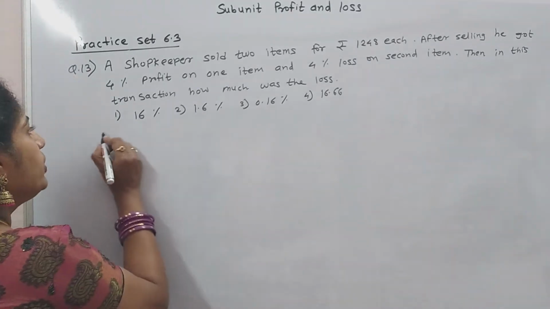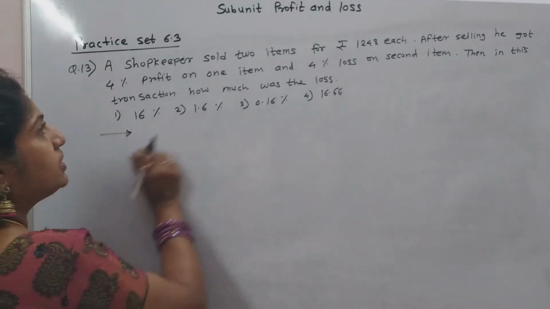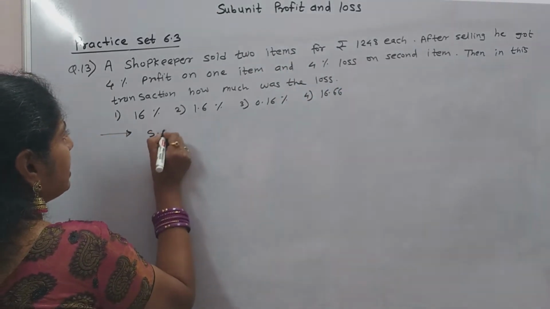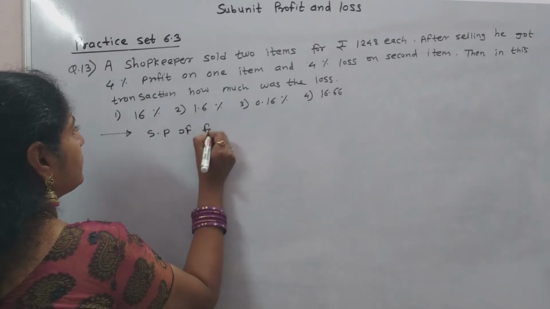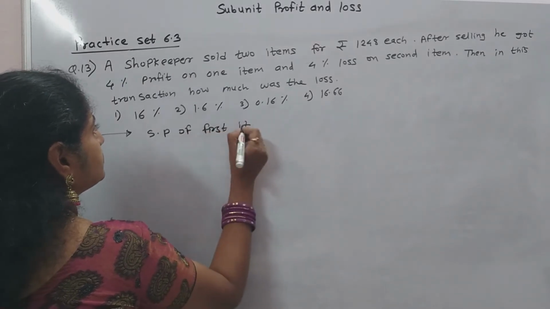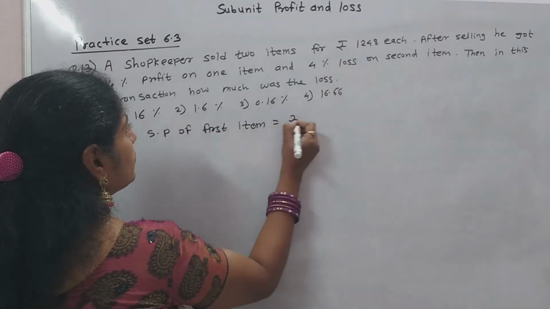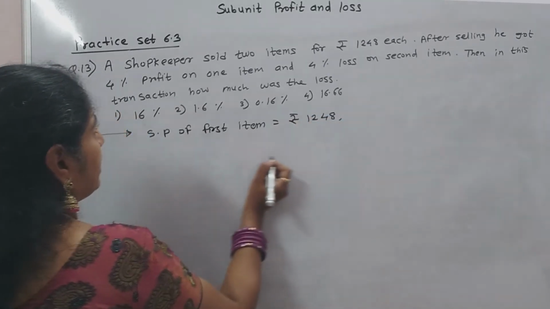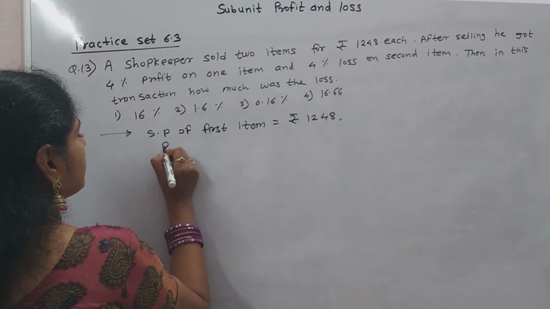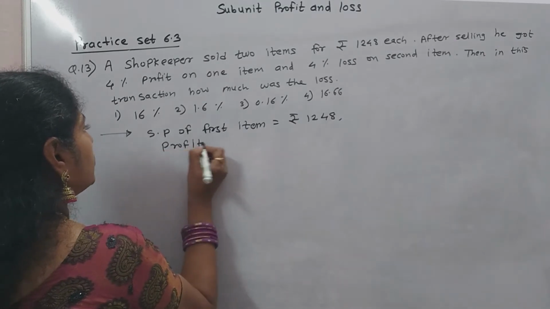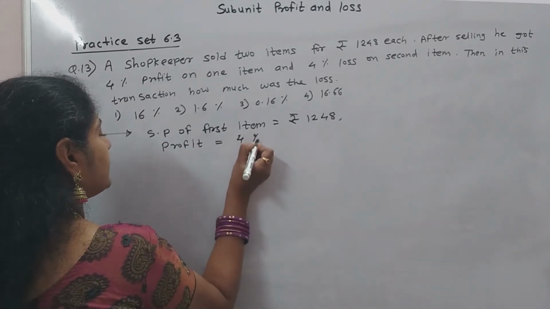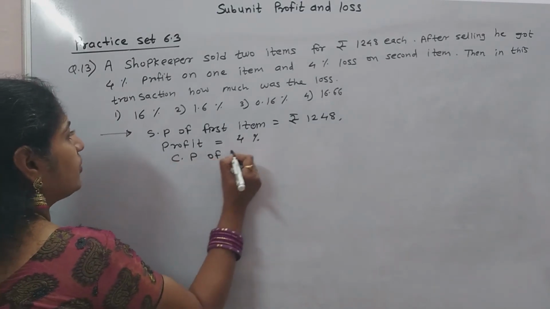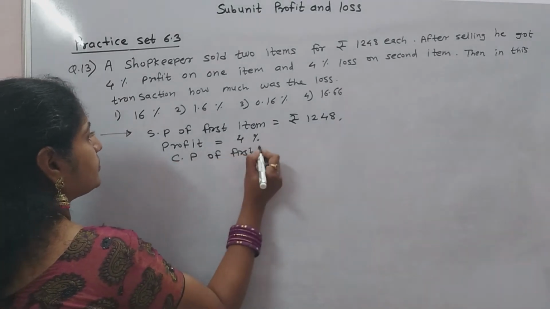First, we must know the cost price of each of the 2 items. First, the selling price of the first item is rupees 1248 and profit equals 4%. So we have to calculate the cost price of the first item.